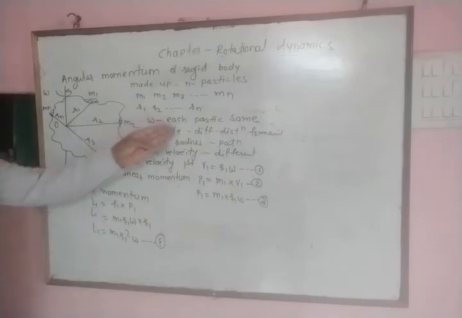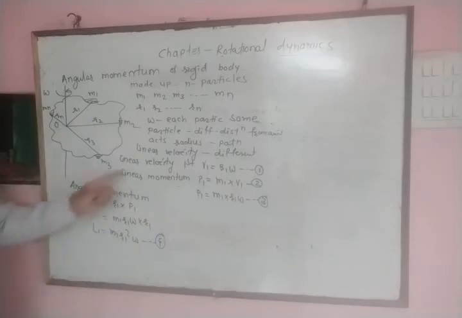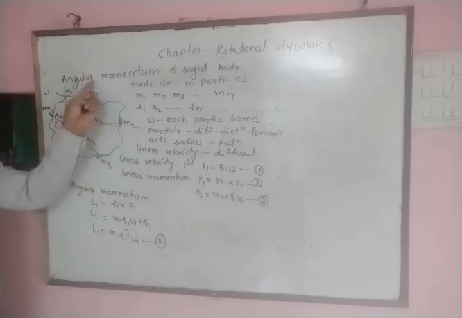By using the same method, that is by calculating velocity initially, then linear momentum, and after that angular momentum for the second particle as well as each particle, we calculate the total angular momentum of the rigid body.